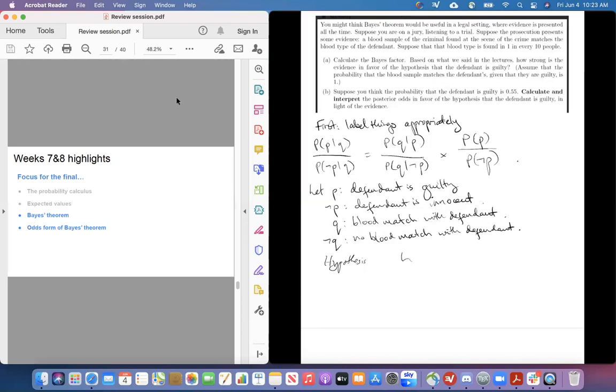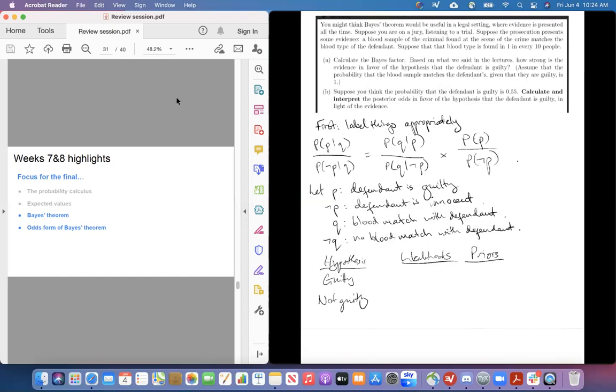We had the likelihoods, and we had the priors. And these things are all involved in calculating and using the odds form of Bayes' theorem. Now, the hypotheses in this case are guilty or not guilty, innocent.